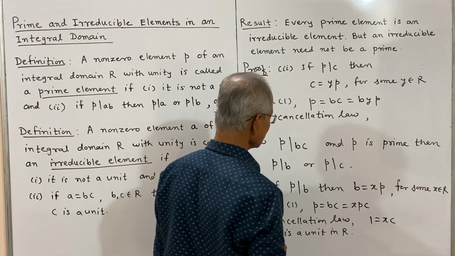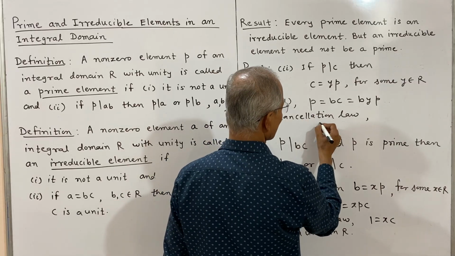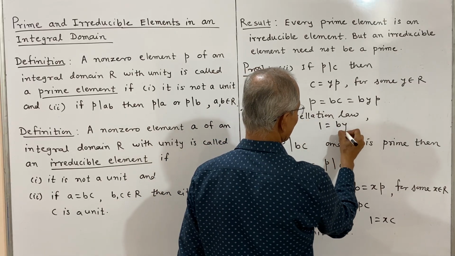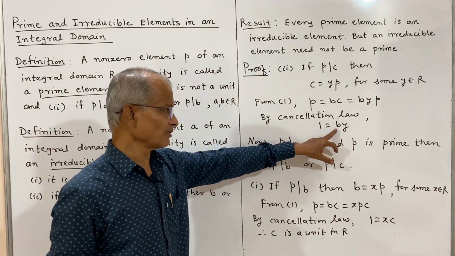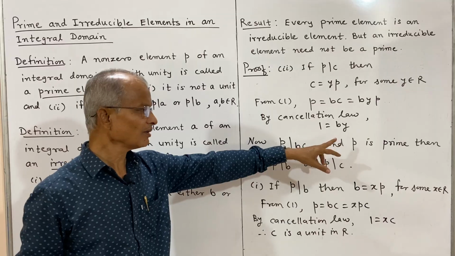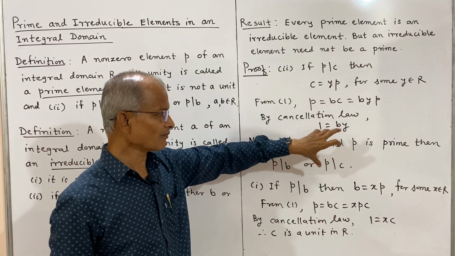What we shall get is 1 is equal to BY, and this gives that B is a unit. Both Y and B are units, but we shall consider one part of that.